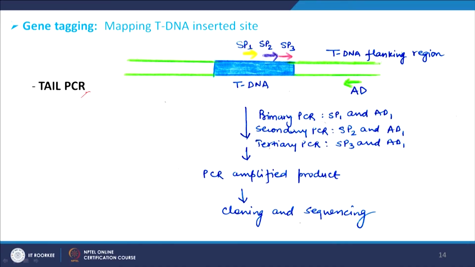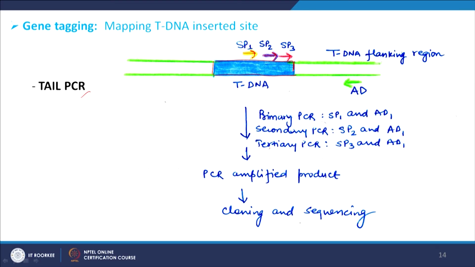So this is how to map a point mutation, whereas mapping a tDNA insertion site is relatively easy and can be done in several ways. One way is called TAIL PCR. In TAIL PCR, since you have engineered this tDNA region, you know the sequence, so you can design primers for this tDNA, for example sp1 primer, sp2 primer, sp3 primer.